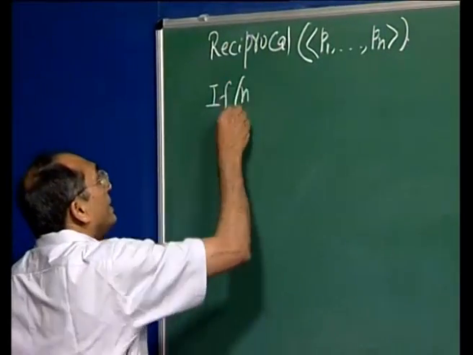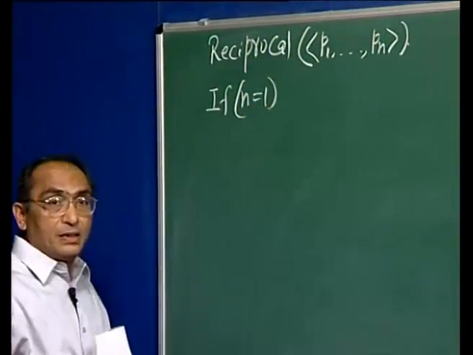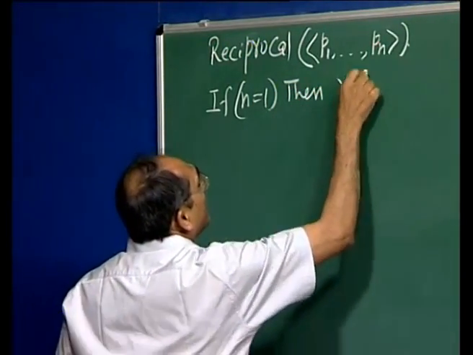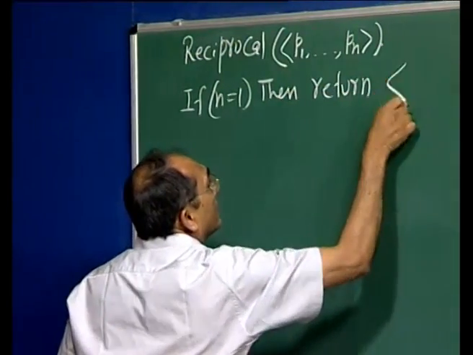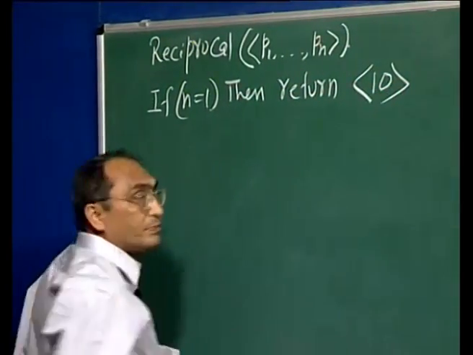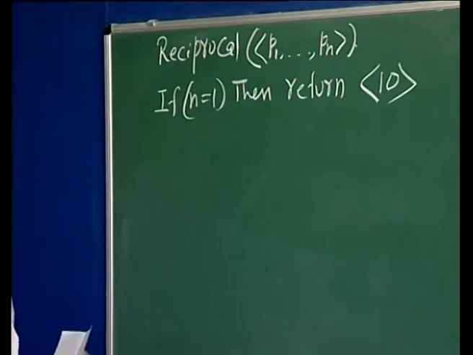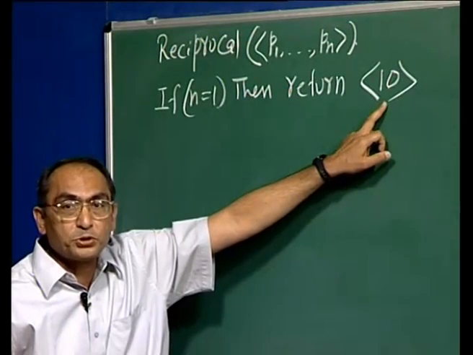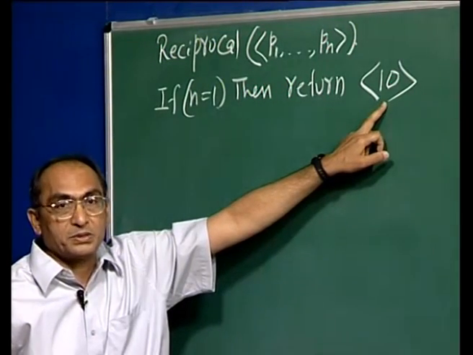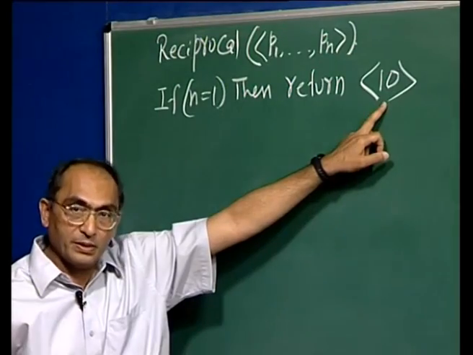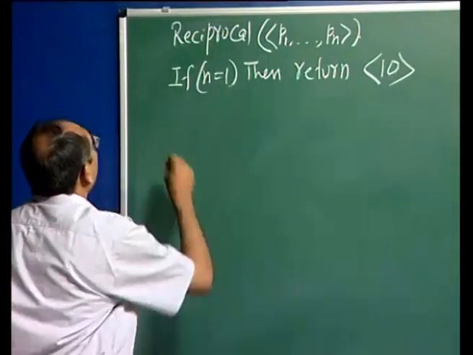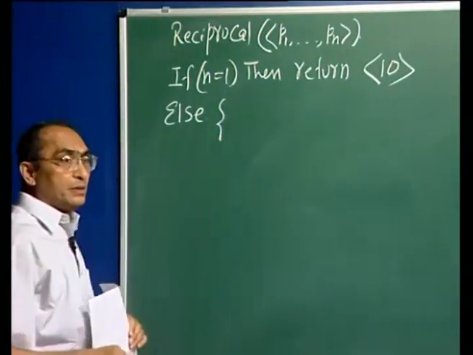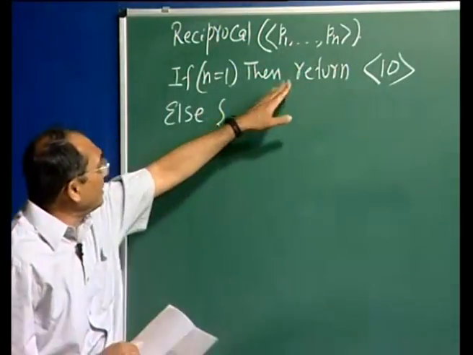Now in case n is 1, then clearly we are going to return 2, because 1 into 2 is 2 to the power 2n minus 1, which is 2 to the power 1, that is 2. Now else, this is our base case, and now we are ready.